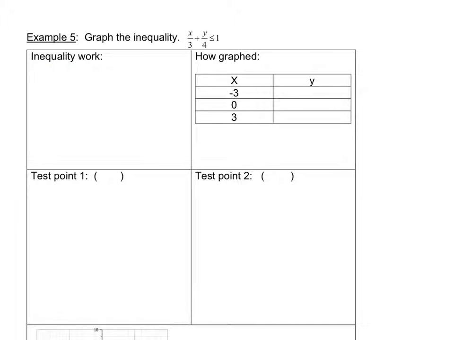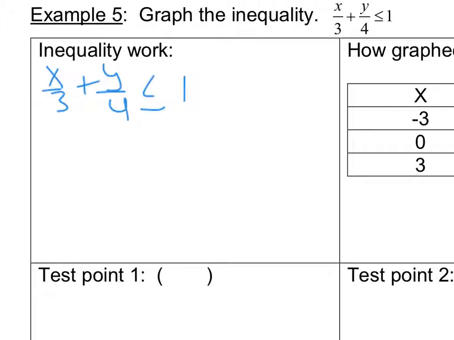So, x divided by 3 plus y divided by 4 less than or equal to 1. I'm going to subtract the x divided by 3 over, so you get y divided by 4 is less than or equal to negative x over 3 plus 1.